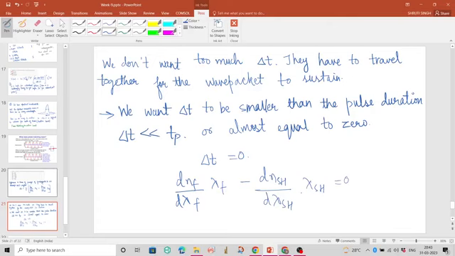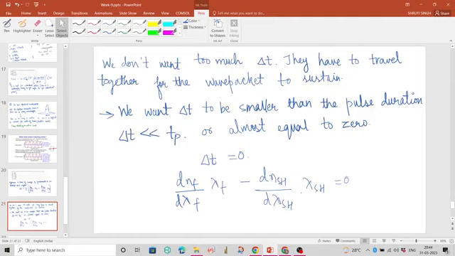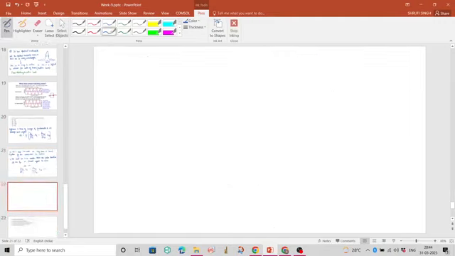Equating delta t to 0, c is the constant, so we come to this expression. Now just do the shifting: dnf by d lambda f into lambda f is equal to dnsh by d lambda sh into lambda sh.